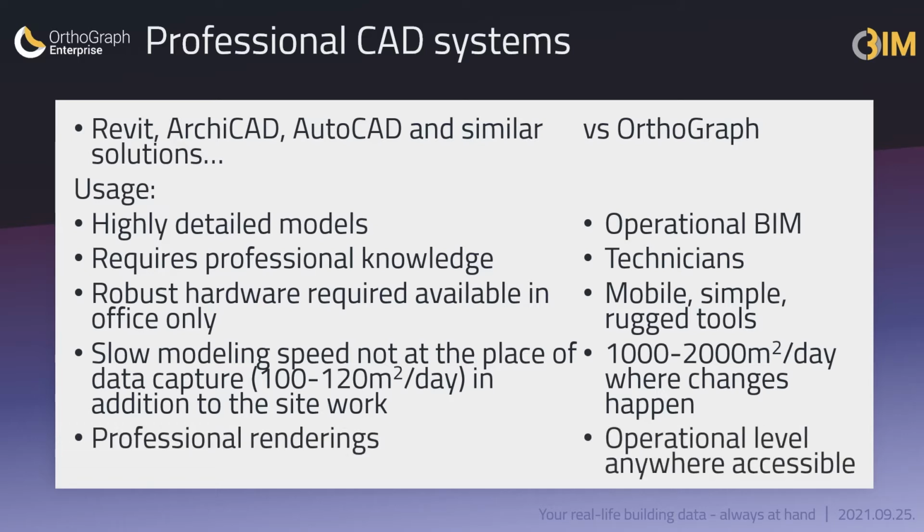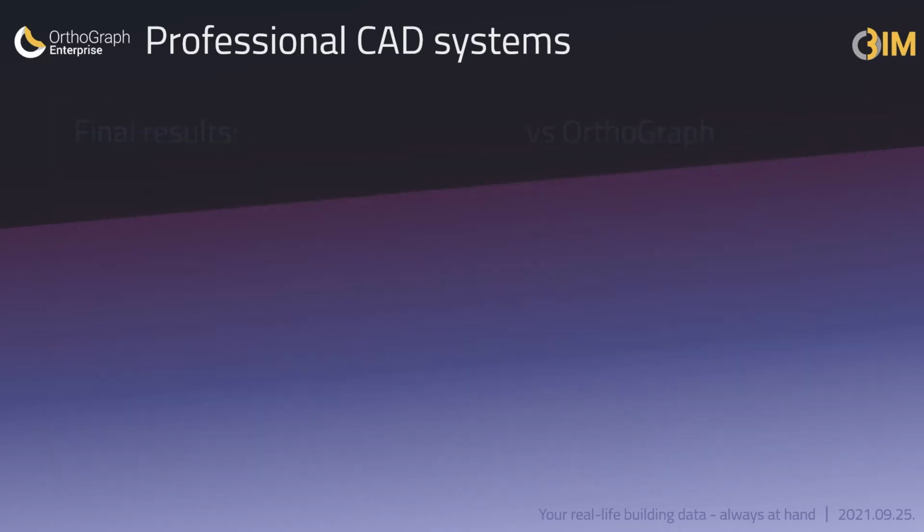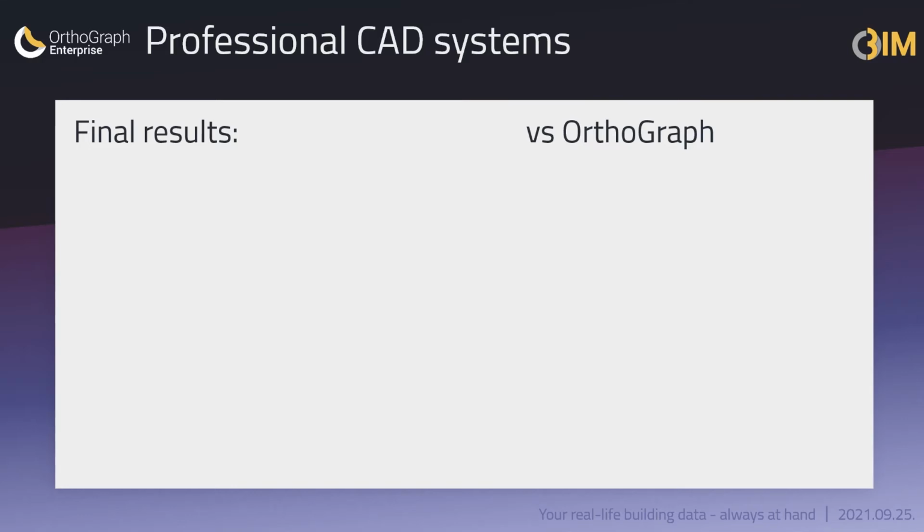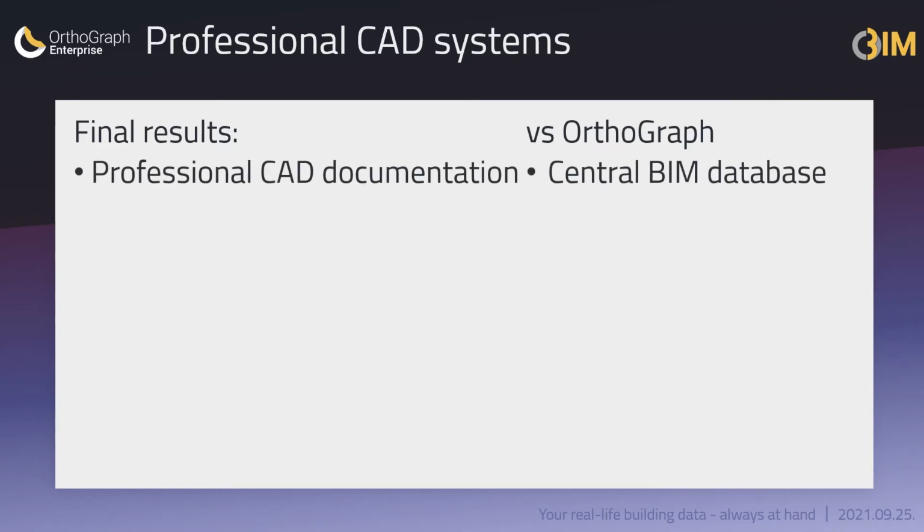On the other hand, CAD systems can create amazing renderings, which are a great value for seeing how a designed building will look. But that's not the world of Operational BIM, which is about effectiveness and understandability. What's the output of CAD systems? First of all, very detailed professional CAD documentation, great designs, for each building individually.